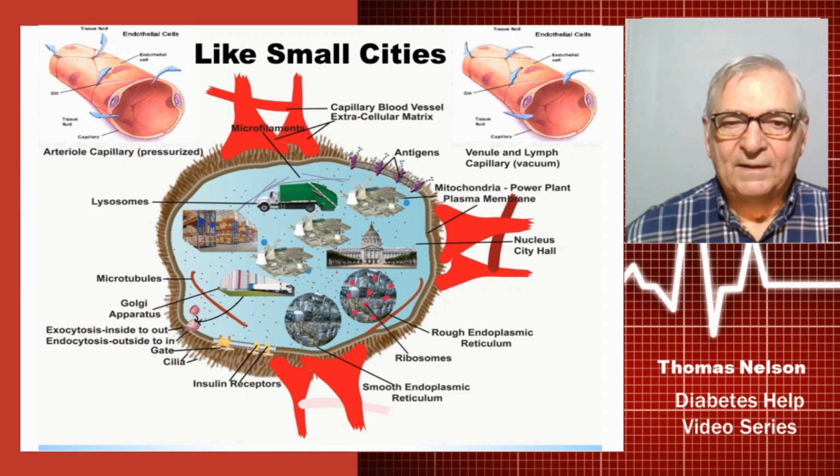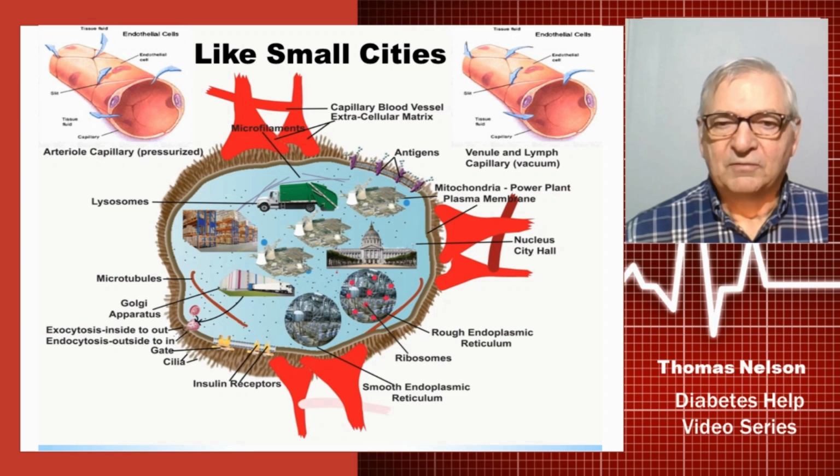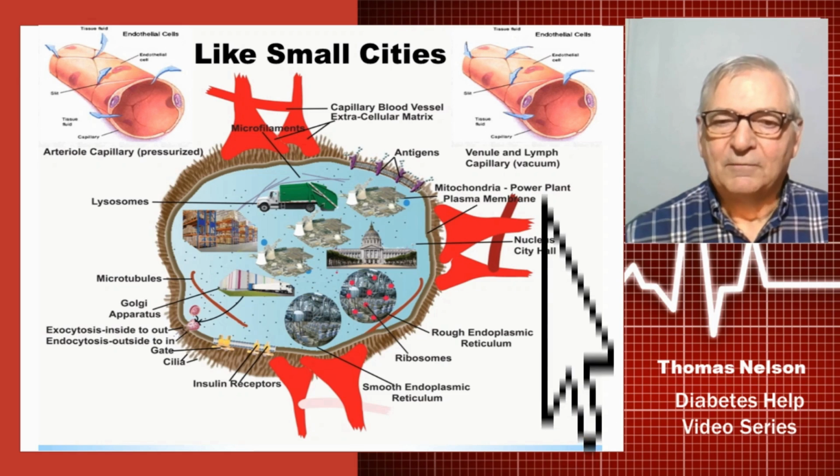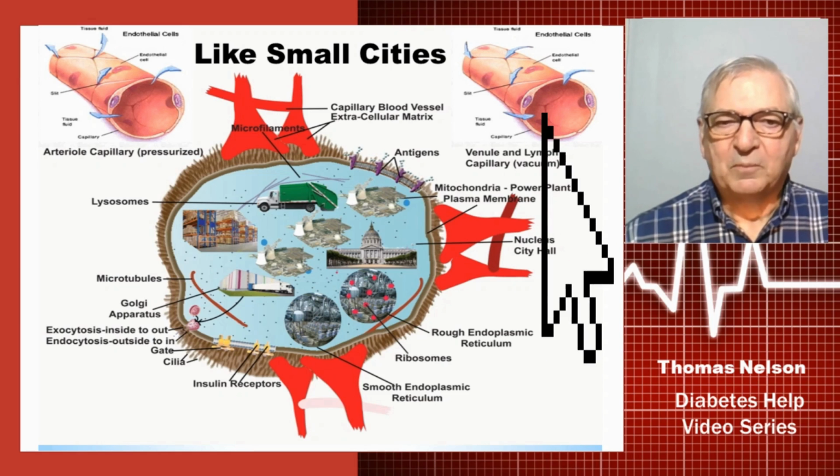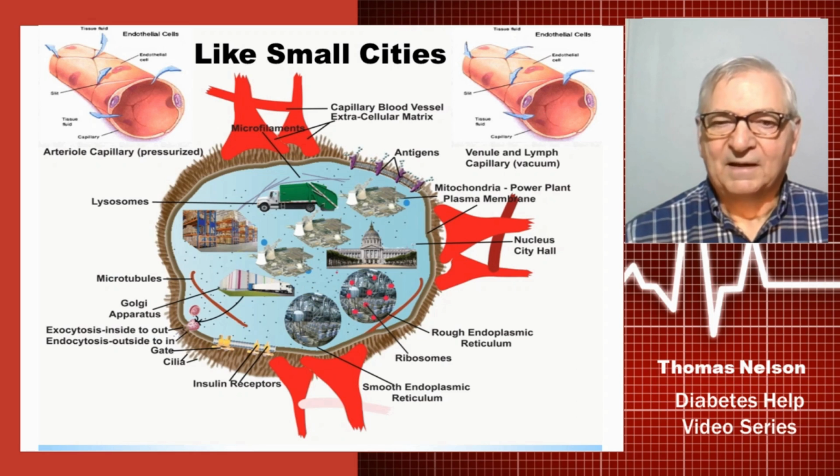So then when they're done, when your cell has picked up all of those nutrients, as we'll explain, then the one in the upper right-hand corner reverses that, and that too is blown up, and that one is a vacuum, and it will pick up, as I explained earlier, the spent blood.